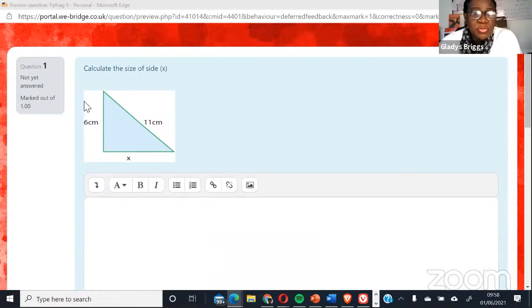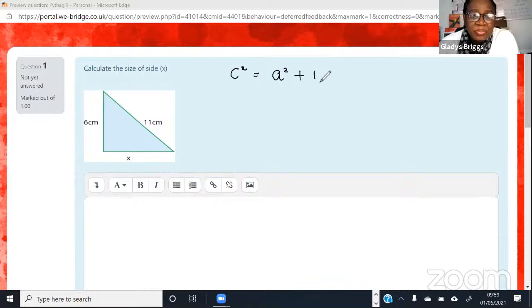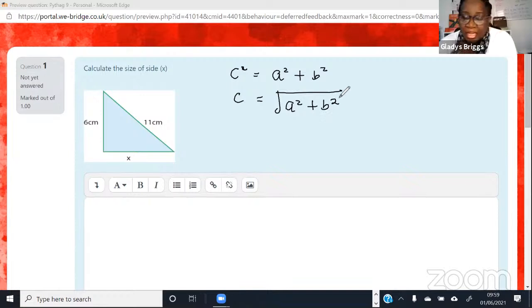Yeah. So you know that according to Pythagoras theorem, c squared is equal to a squared plus b squared, yeah? And c then is equal to the square root of a squared plus b squared, yeah? And this is the triangle that we're talking about here.